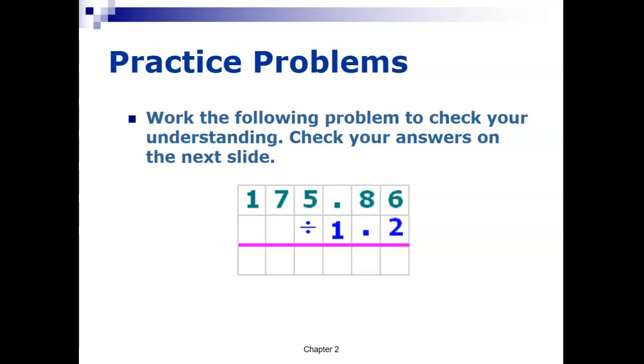So if I want to get rid of my decimals and say 17586, I'm going to have to divide that by 120. Why? Because I moved the decimal 2 places on my top number, so I have to move it 2 places on my bottom number. Does that make sense? Yes? All right.